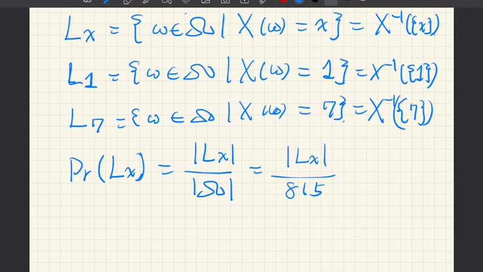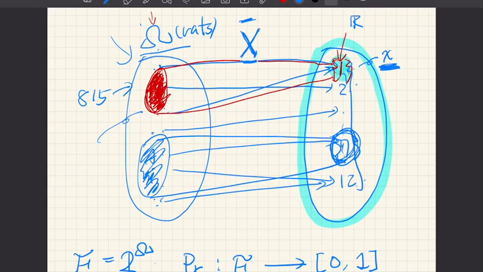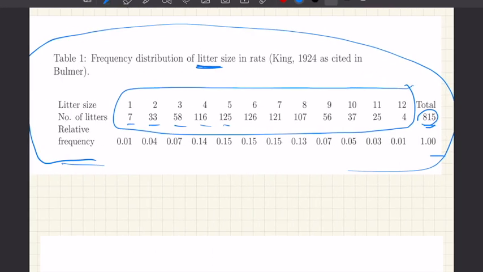So these values for each of x from 1 up to 12 correspond to the numbers we have seen in this table.